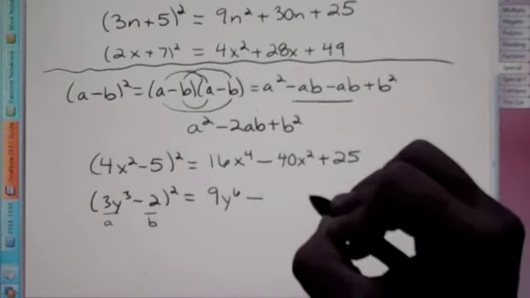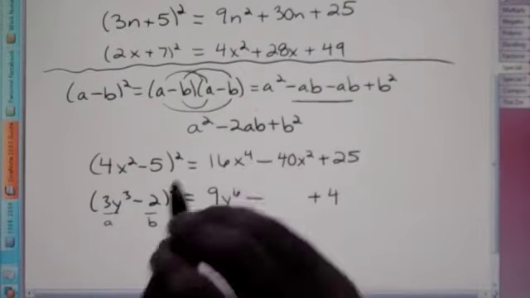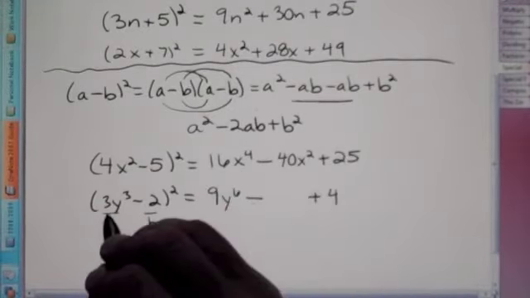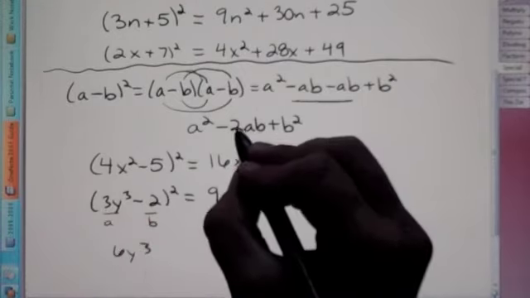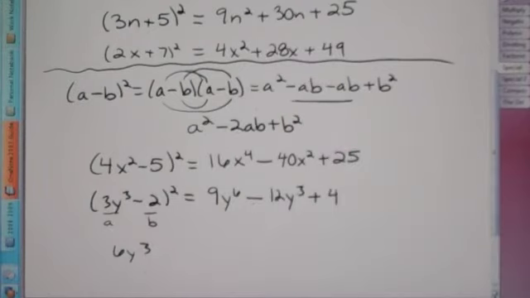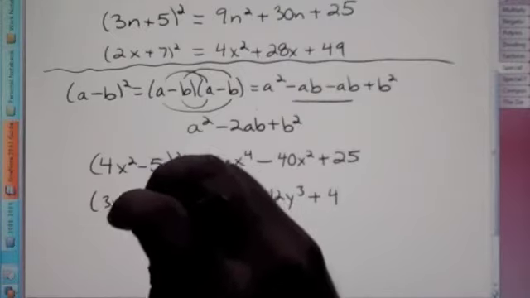There's a minus here, a plus here. 2 squared is 4. And then it says take these two terms, a and b, and multiply by 2. So 3 times 2 is 6y cubed. Then it says double it, 12y cubed. Okay? So that's how we can use these shortcuts to do these problems here.